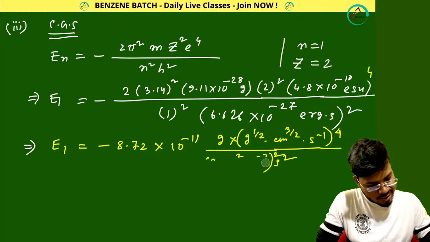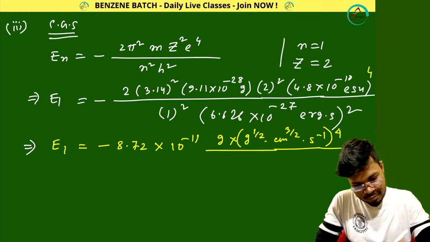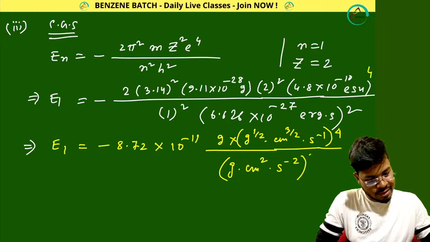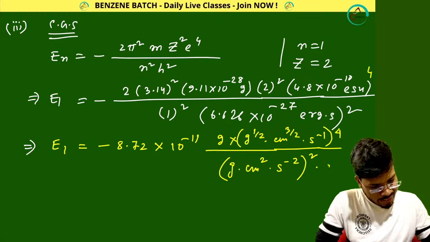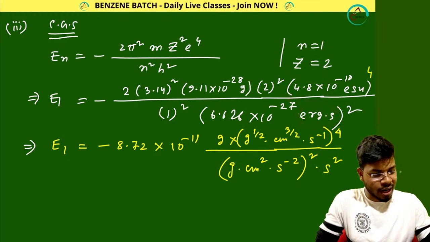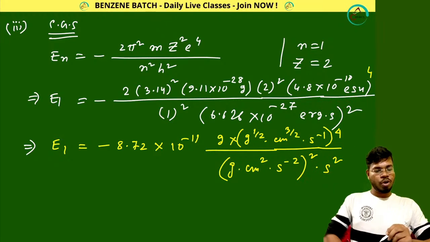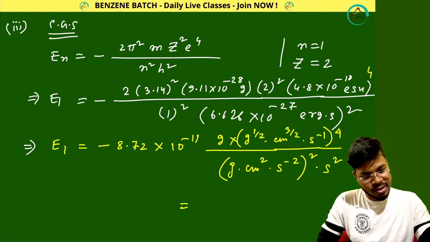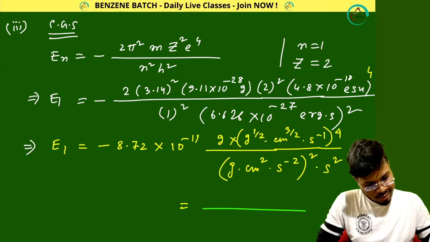So let me write this thing again. Gram centimeter square second minus 2 square, this is erg, and second square. Why? This erg second was like erg square second square. I hope you got that. Now I'm just doing the calculation for this.